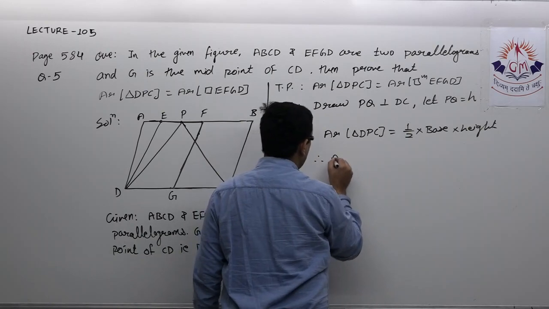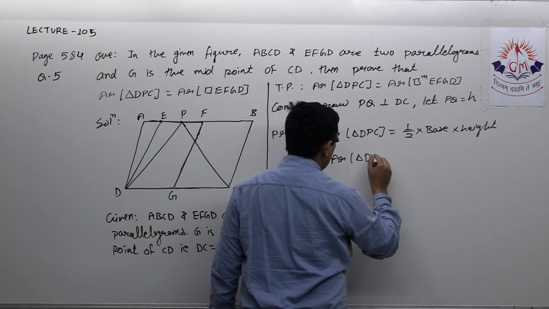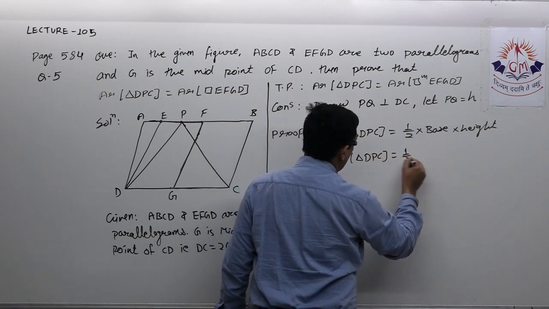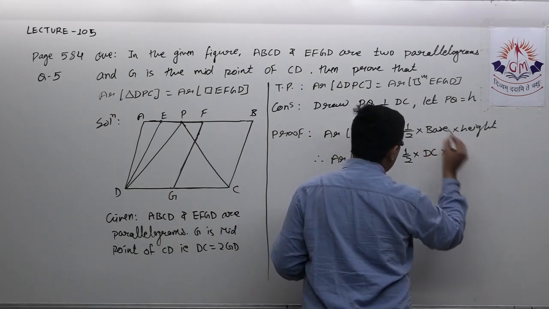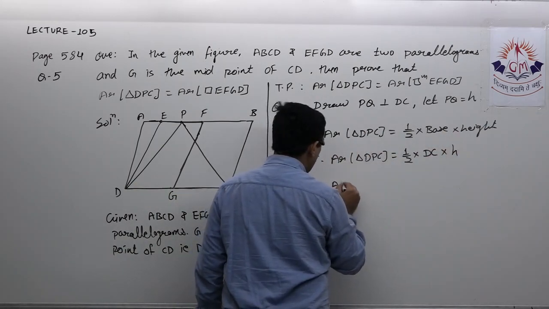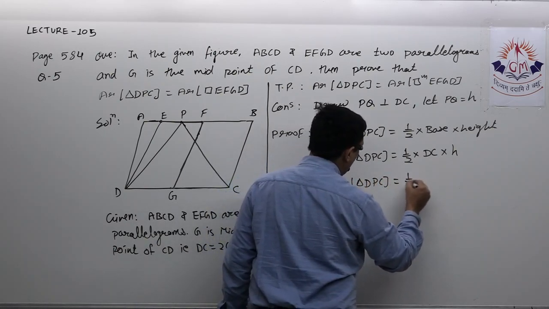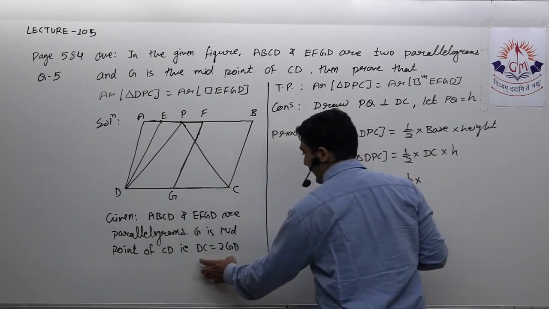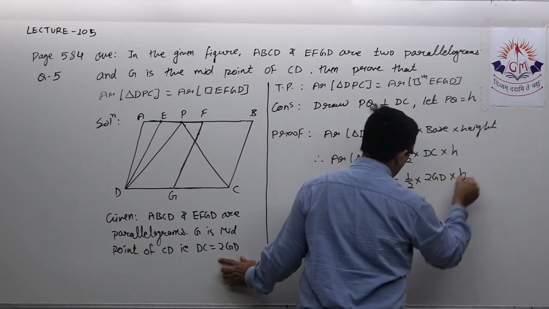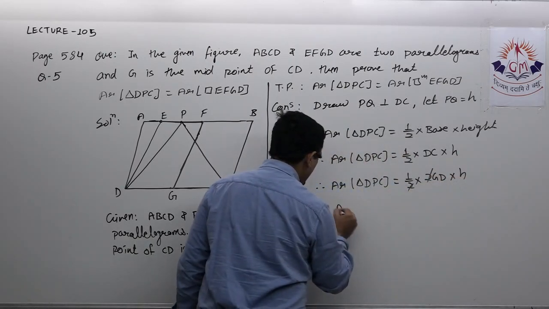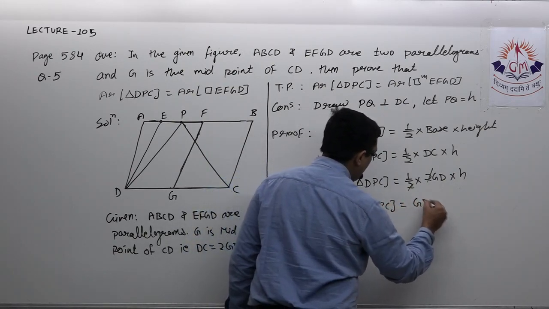Now base for triangle DPC is DC, height is H. In place of DC, I can write twice of GD, twice of GD into H. 2 and 2 cancel, so here I get area of triangle DPC is equal to GD into H.